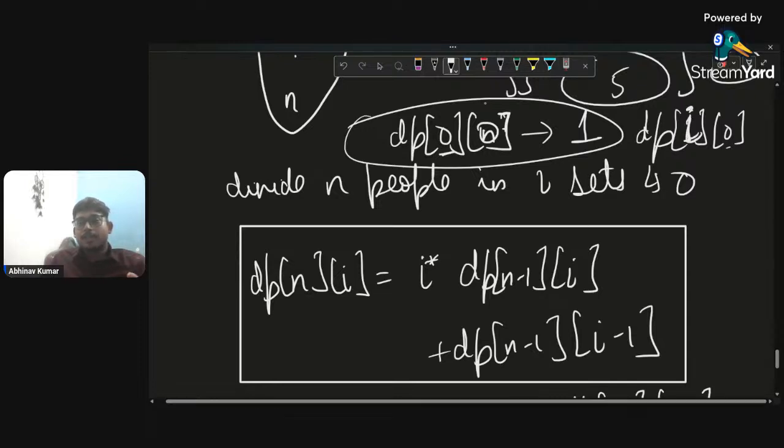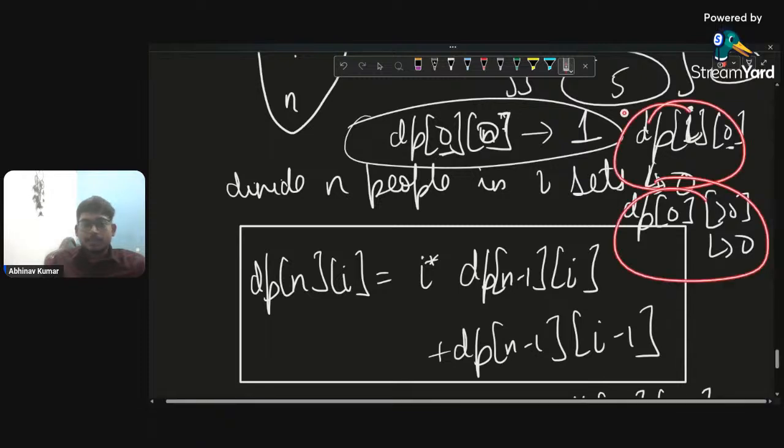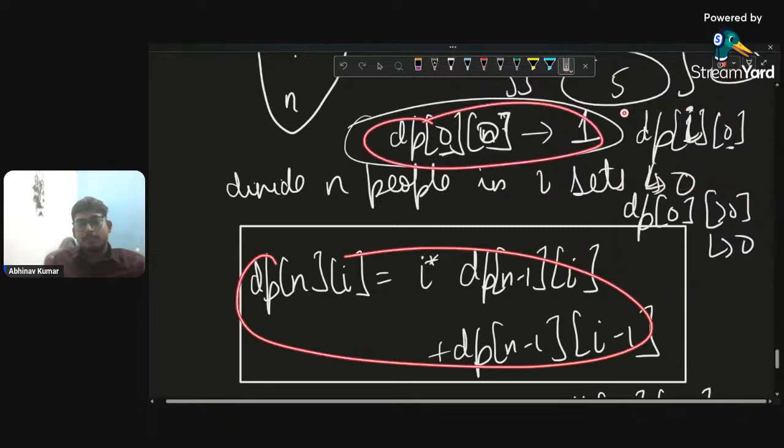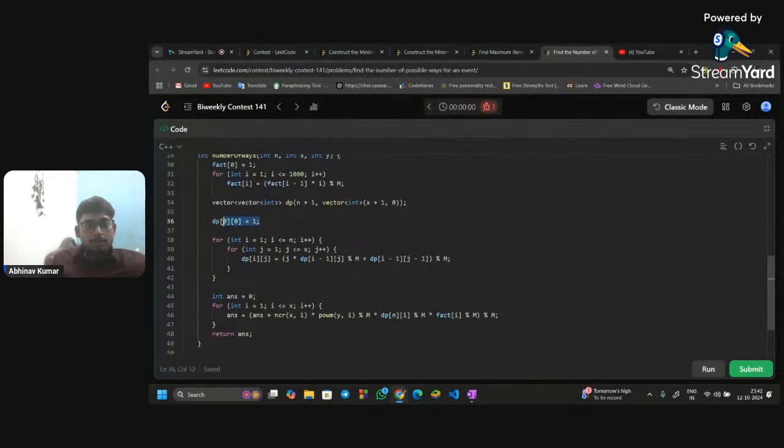Any person dividing into 0 sets is not possible, so 0 ways for that. And you can write dp[0][j] for j greater than 0 as 0 too. If you don't have any people, you cannot divide them into any positive number of sets. So these two base cases you can also write, but they would be covered in the transitions if you write only the first base case. Okay, so I've only written this base case, and then my transition is this.